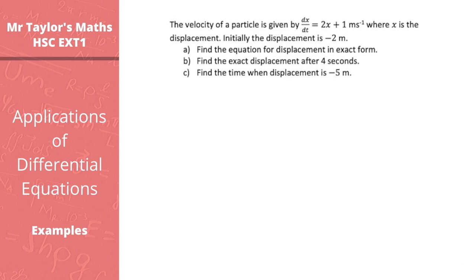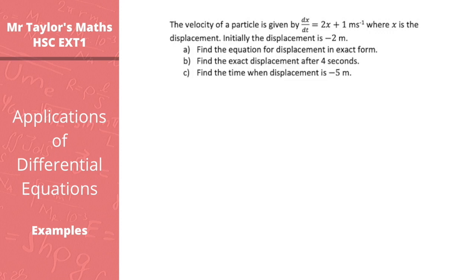Here is an example where we're using kinematics with our differential equation. We have the velocity of a particle, so that's our dx/dt, and that is equal to 2x plus 1 meters per second. x is displacement, and the initial displacement is -2. Find the equation of displacement in exact form, find the exact displacement after 4 seconds, and find the time when displacement is -5.